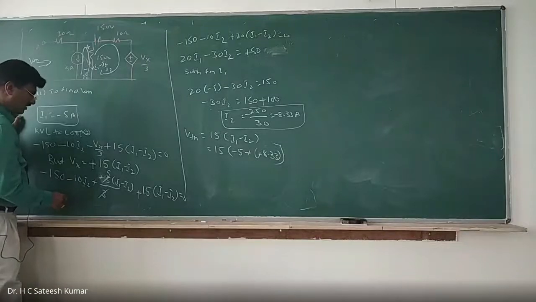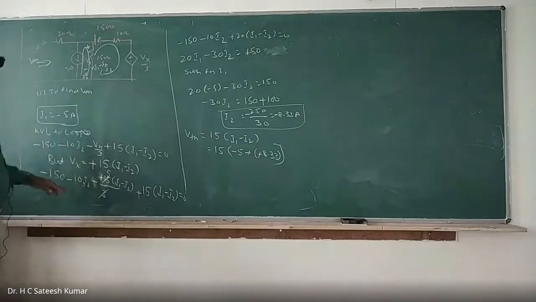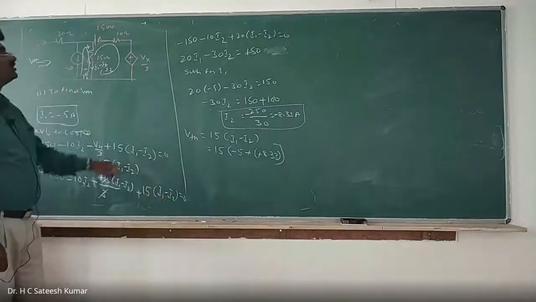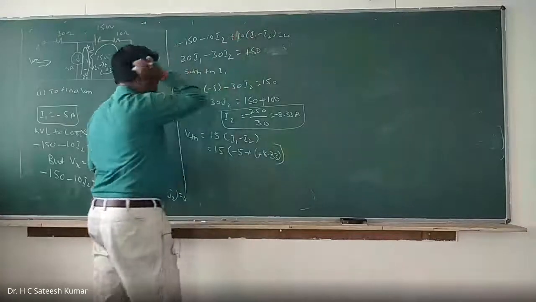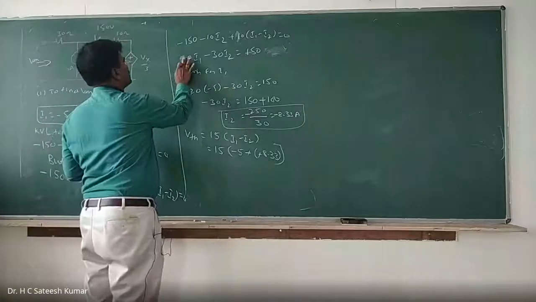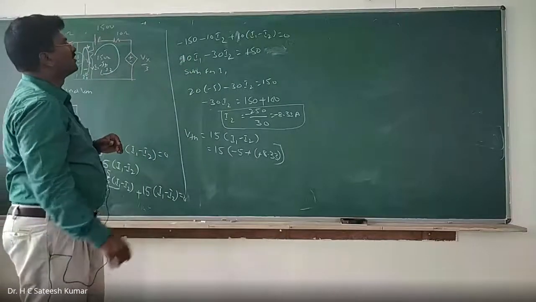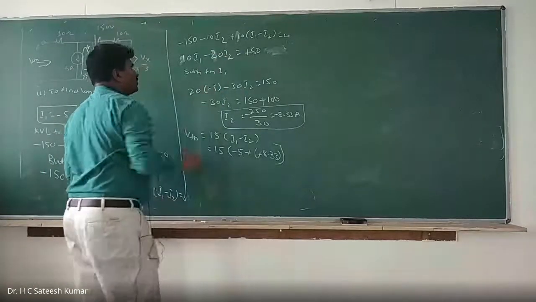So now we have minus 150 minus 10 I2 minus of this plus 15 into I1 minus I2, so minus 5 into I1 minus I2 plus 15 into I1 minus I2. Therefore, you will get plus 10 into I1 minus I2. So 10 I1 minus 10 I2 minus 20 I2 is equal to 150.